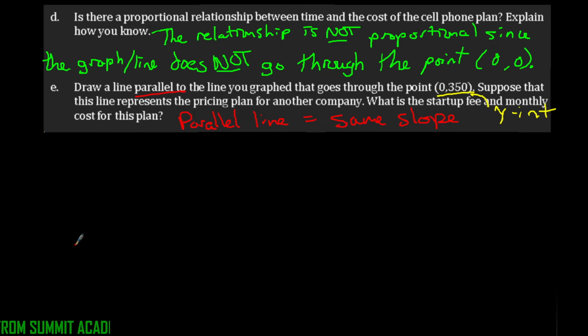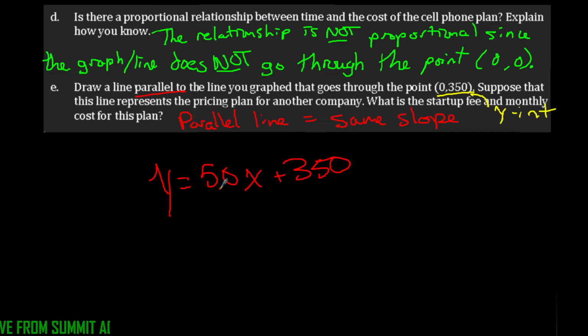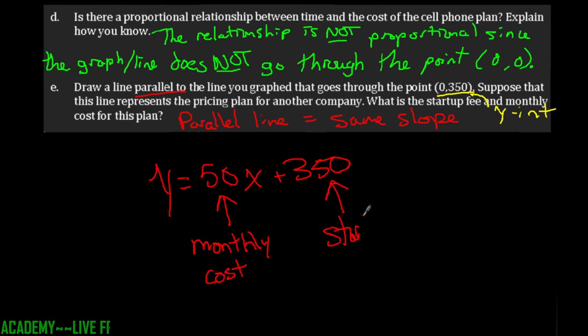So I'm going to say my equation is going to be y equals 50x plus 350. And we can say the different parts of this. We can say that's going to be the monthly cost, and this is going to be the startup fee.